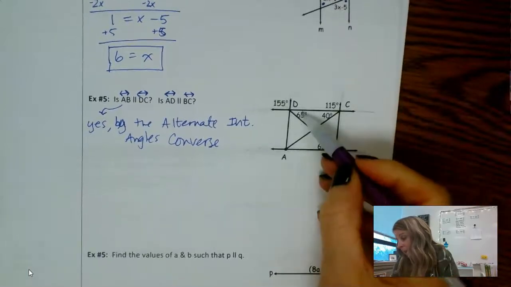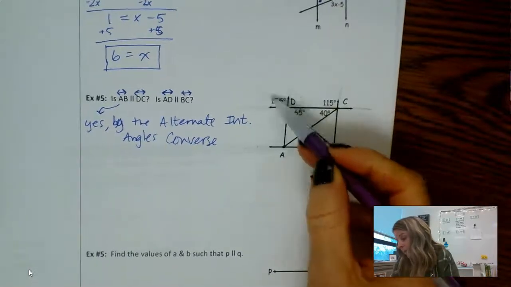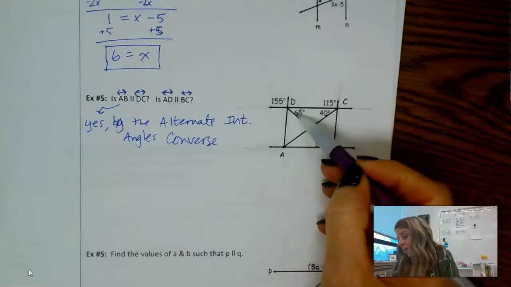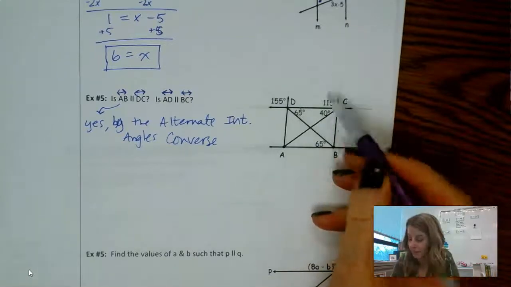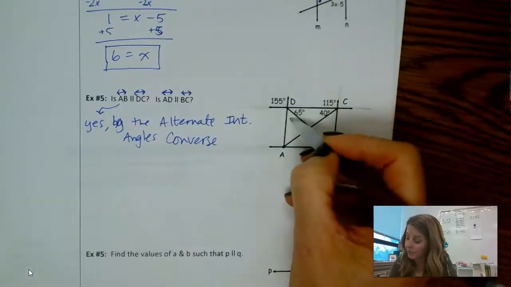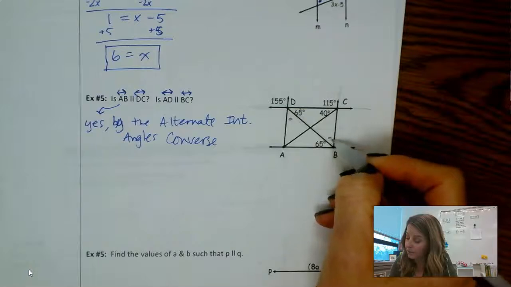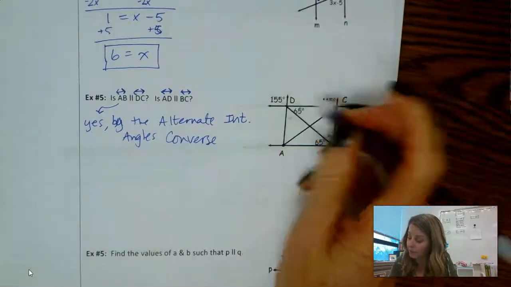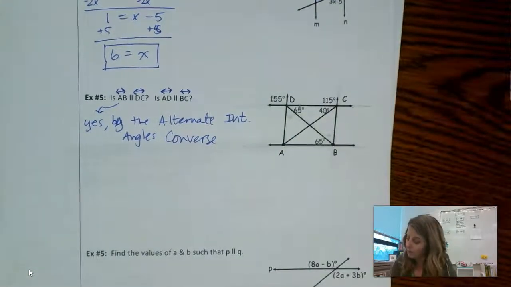The problem with that is, if these are my lines and my transversal, 65 is really on the wrong side of the transversal to be alternate interior. If I had a number here and a number here that were the same, then I could say alternate interior. That's not going to work.